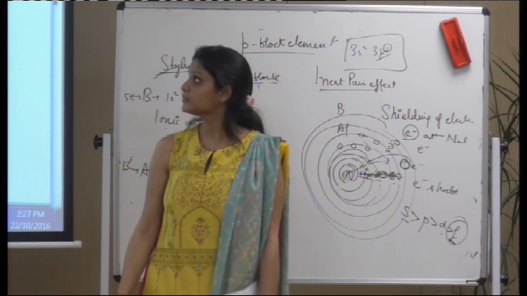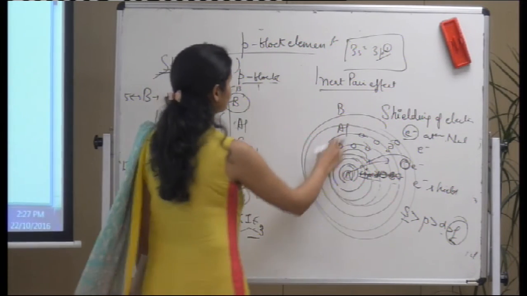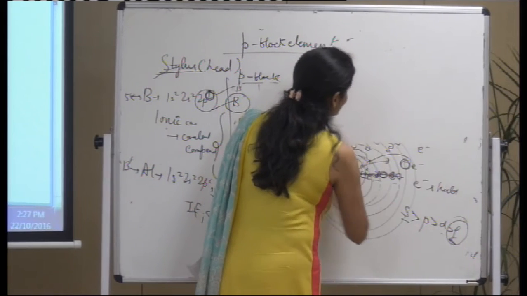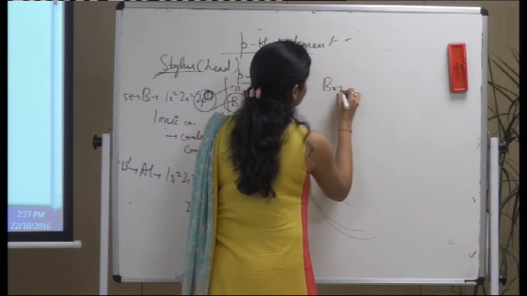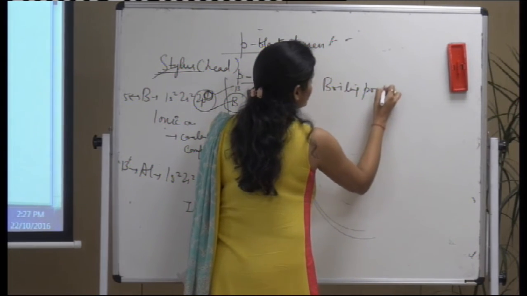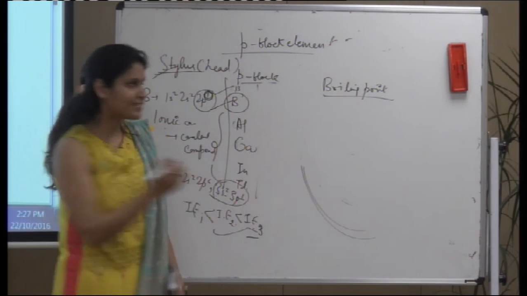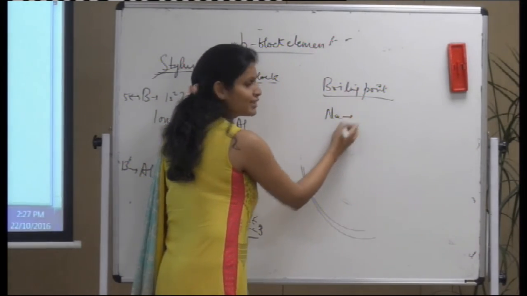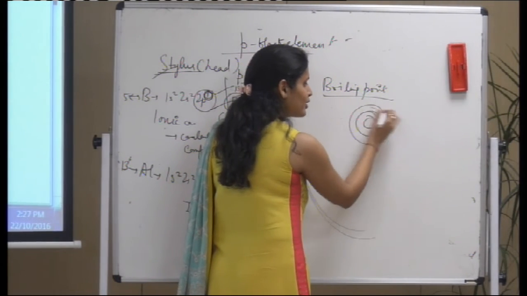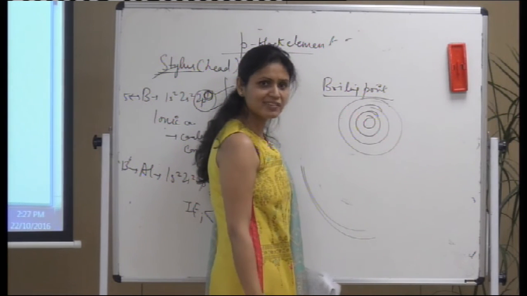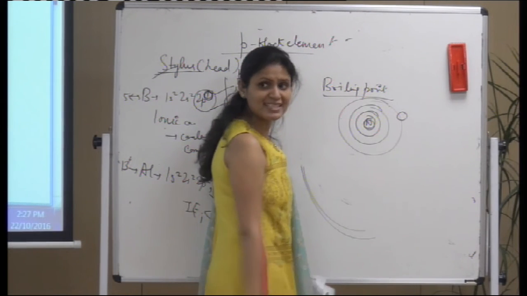Is it clear? Why does the boiling point decrease down the group? When we melt or boil something, we want the attraction between atoms to decrease, right? As the atomic number increases, the number of shells increases, so the attraction of the nucleus to the electron is decreasing.